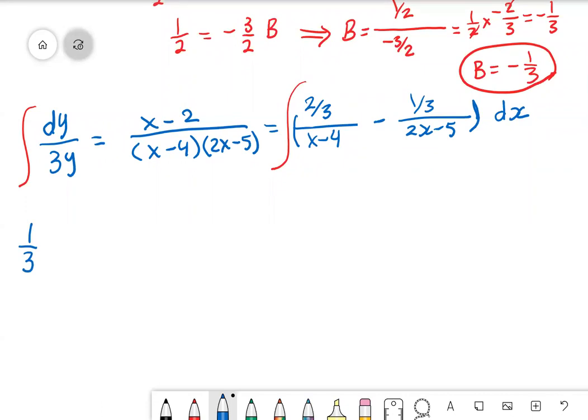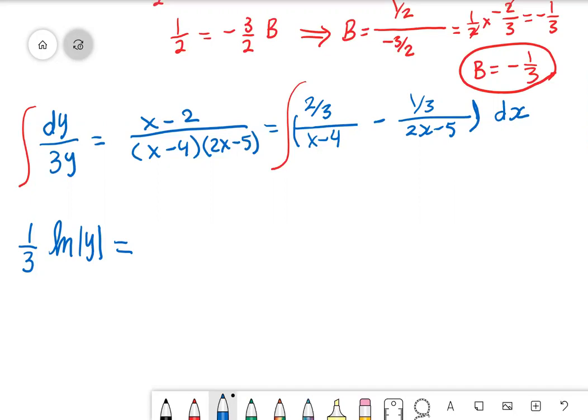Are you okay with this step? I just put the 1/3 outside the integration, and the integral of dy over y is ln y equals, what is it here? 2/3 and 1/3, again, I can write them as 2/3 and 1/3.